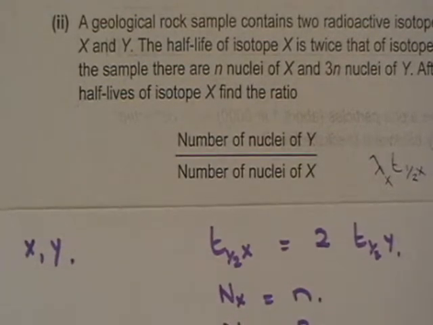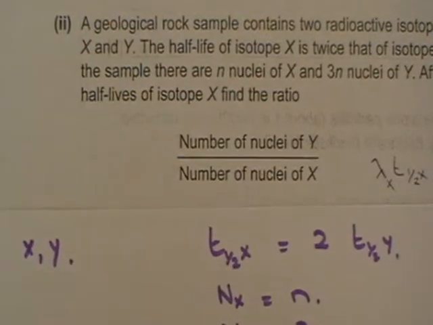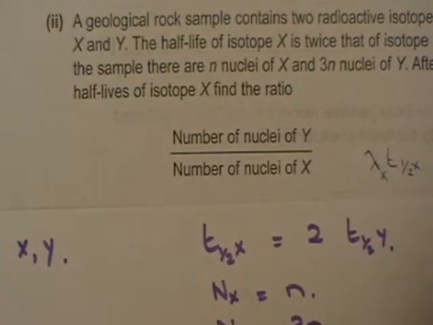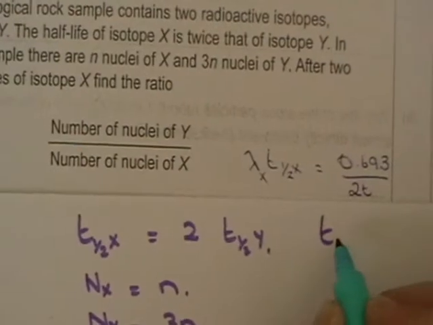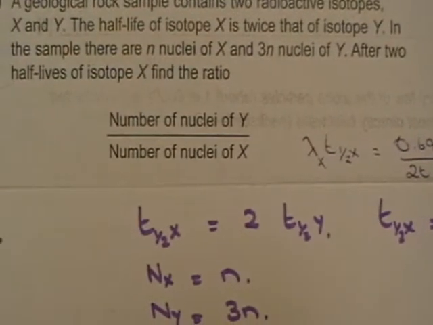Now, the first thing I've done here is I've written down an equation, and the equation is for the decay constant. So the decay constant of X is going to equal 0.693 over the half-life of X. But in terms of half-life, that is twice that of Y. And so I'm going to call the half-life of Y T. And so the half-life of X is 2 times T, and so that's equal to 0.693 over 2T.